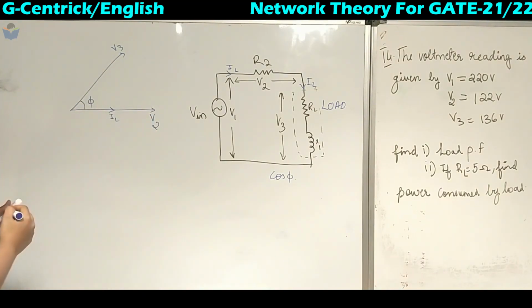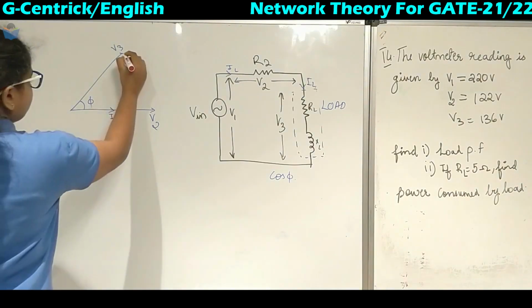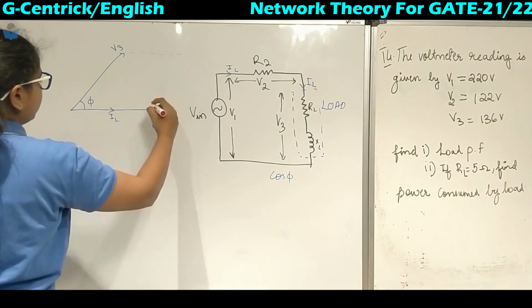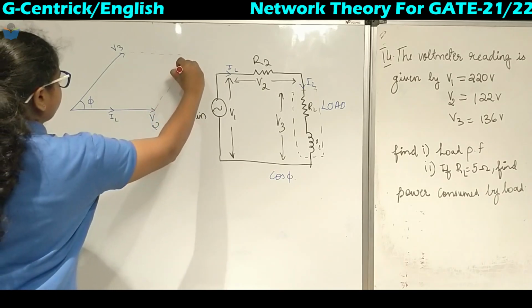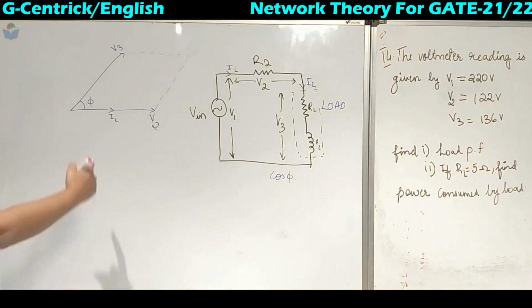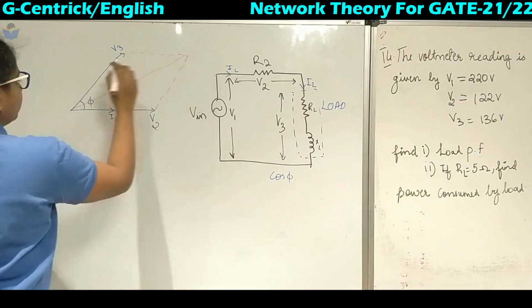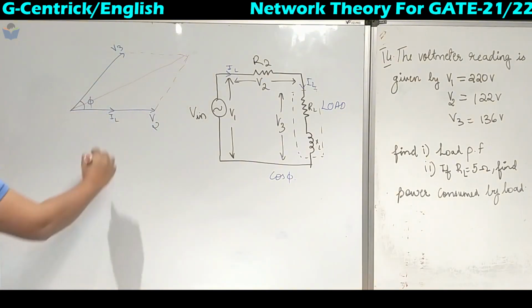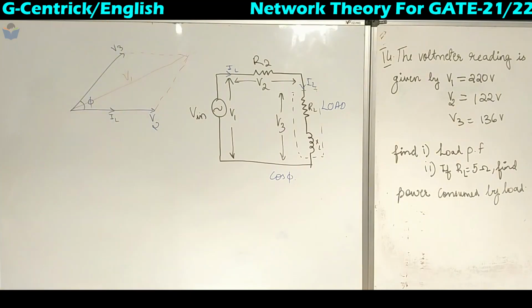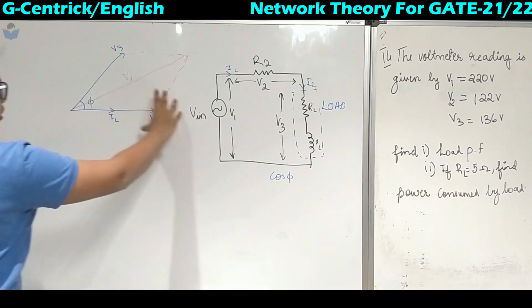Now from the parallelogram law of vector addition, we can extend this line, and this also. When they join here, the diagonal of these two vectors will give me the value of V1. So this is the magnitude of V1.